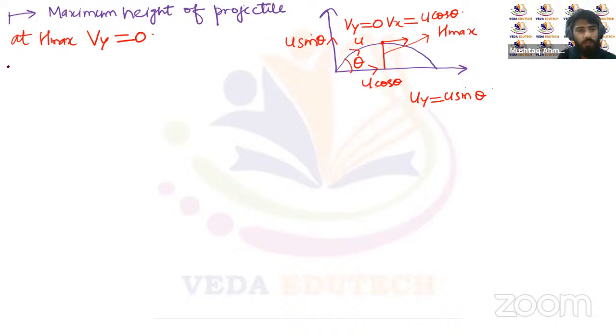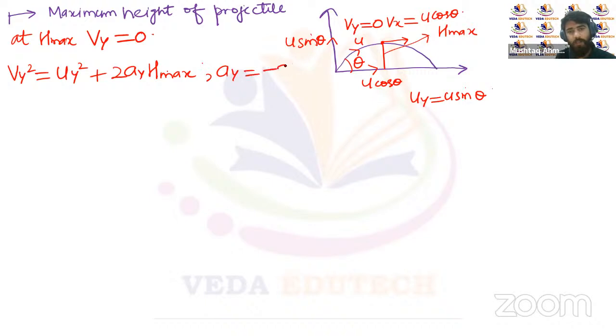So we can use this equation, Vy square is equal to Uy square plus 2 Ay h. The maximum height attained by this projectile is h, let me call this h max. Ay is equal to minus g, and Vy is equal to 0.